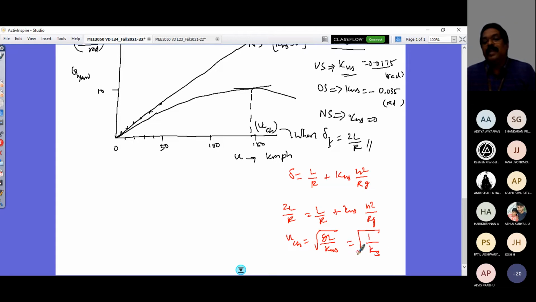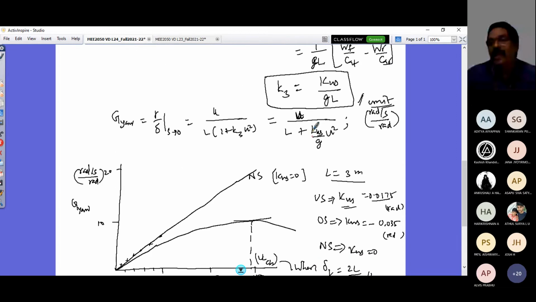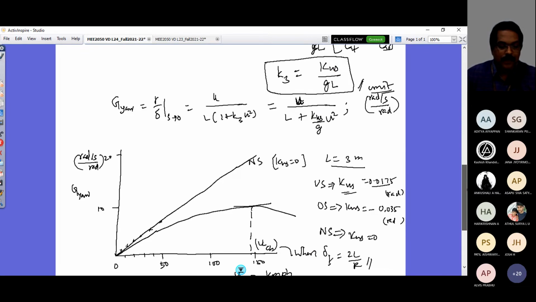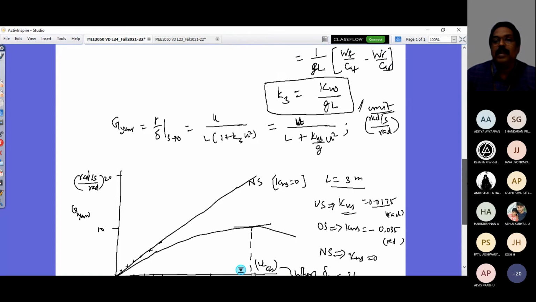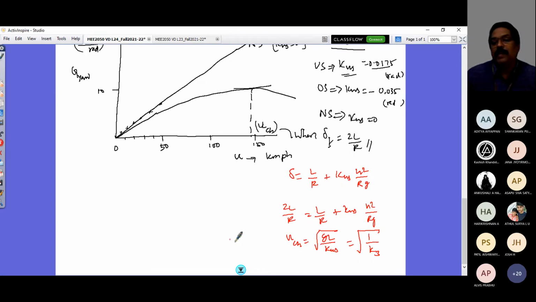So if I take the stability factor and write the characteristic speed, it's simply 1 by K3, because we have just defined the relationship between K3 and this. So this is your characteristic speed.